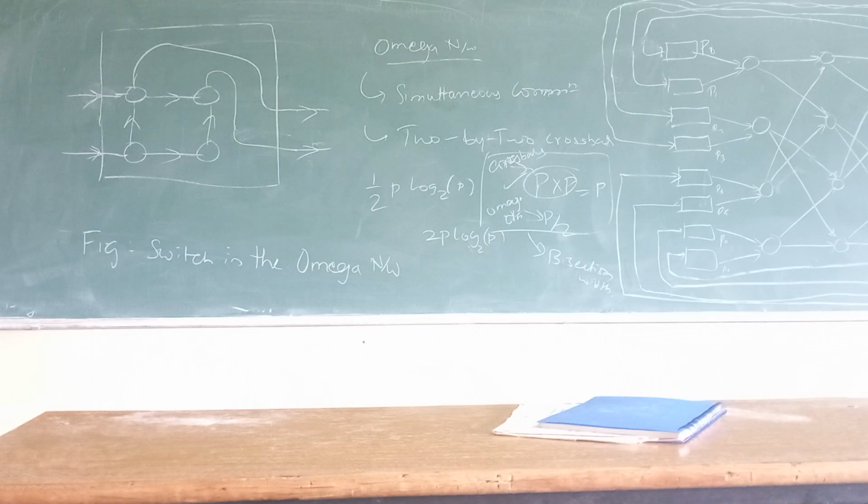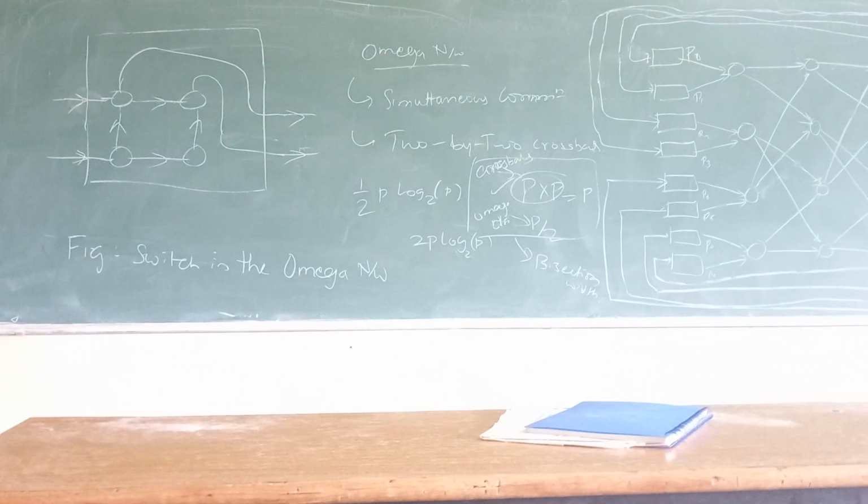In the distributed memory, crossbar links are unidirectional.